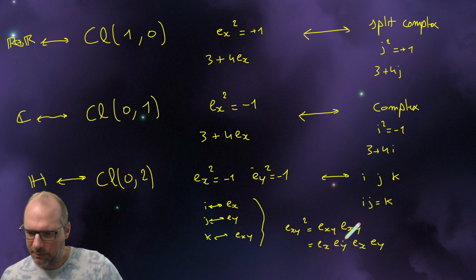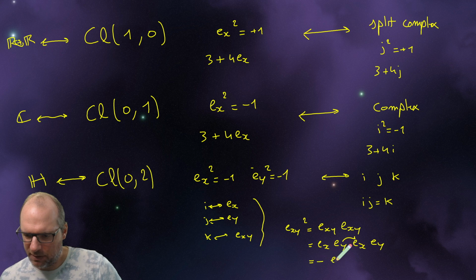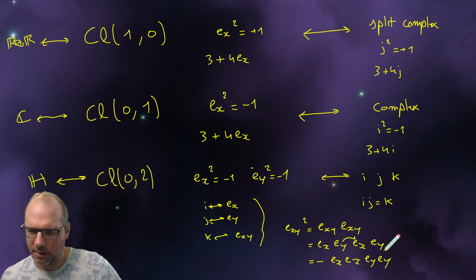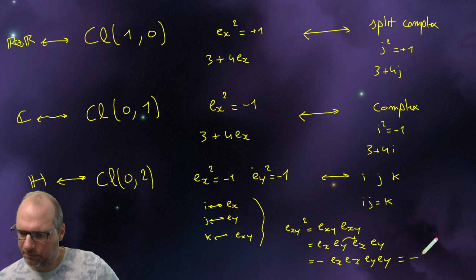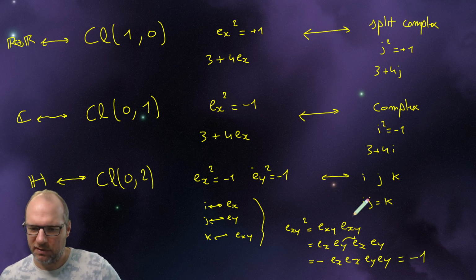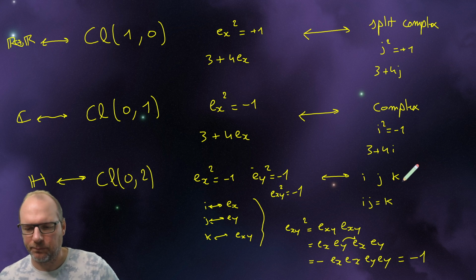We can swap the order: minus e sub x, e sub x, e sub y, e sub y. e sub x squared equals -1, e sub y squared equals -1, so they cancel. And we find -1. So it's okay. We have our third symbol, e sub xy squared equals -1, which is k.